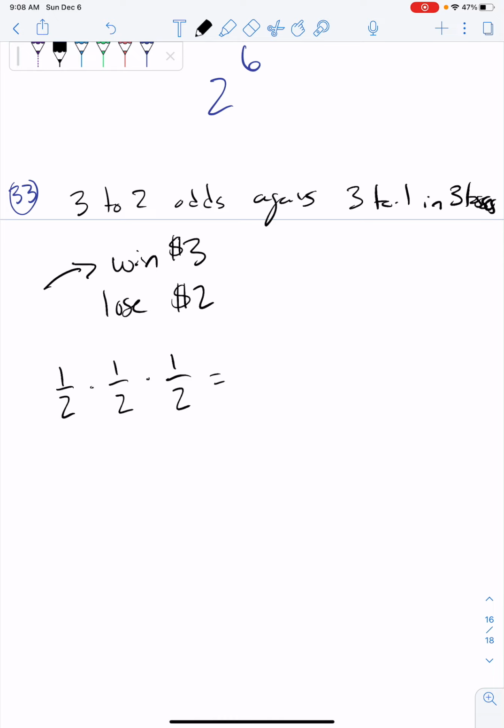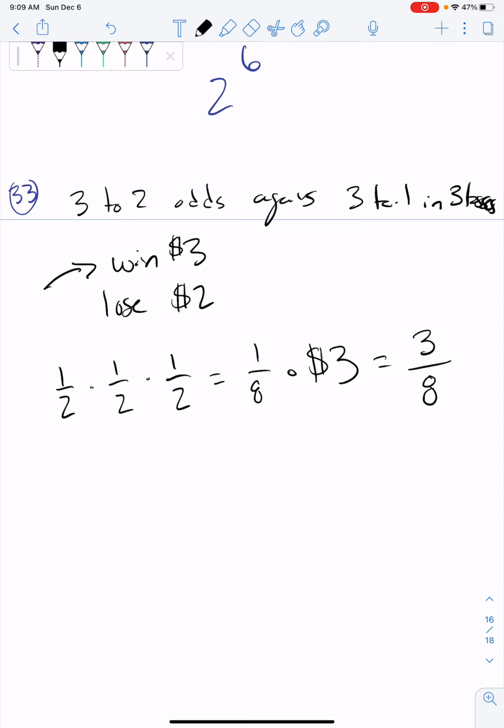So that becomes 1 over 8. You have a 1 in 8 chance of winning. And if you do win, you get $3. So I would take that 1 in 8 probability and times it by 3. So that gives me 3 over 8.